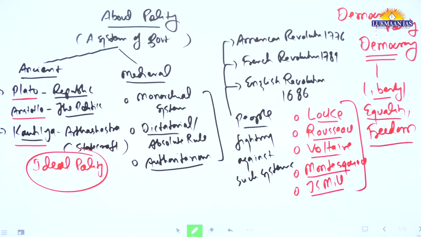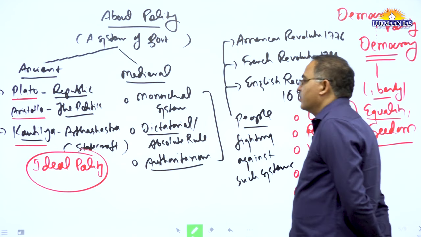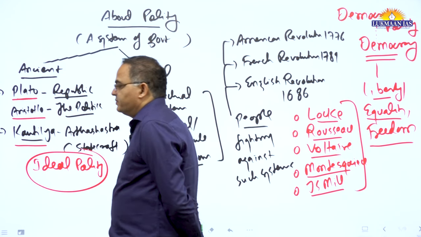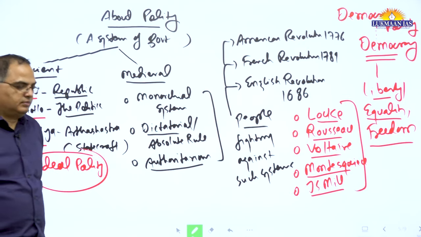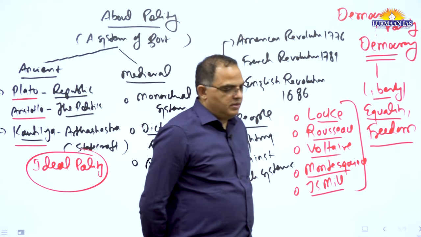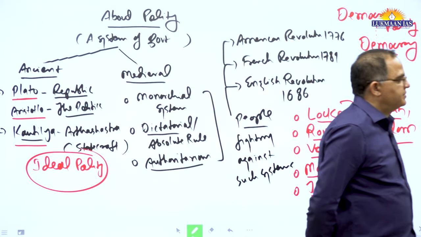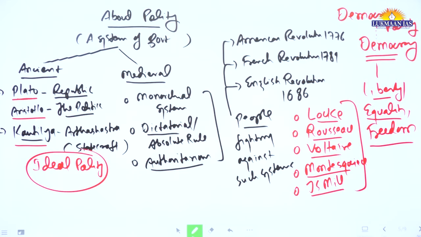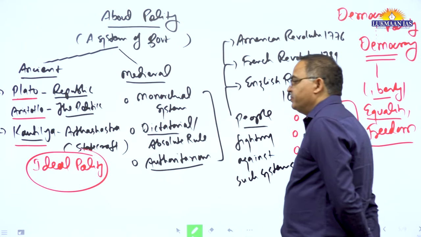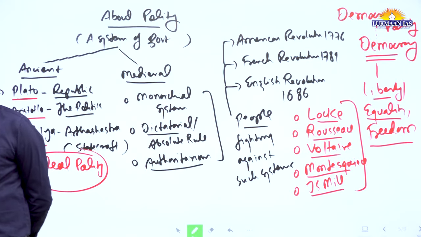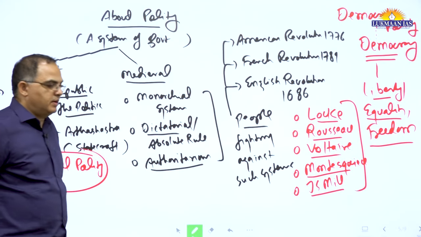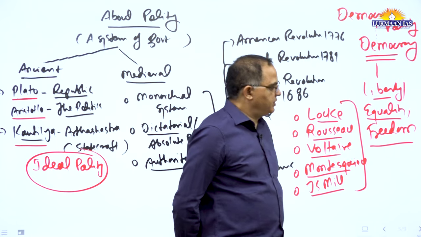Next, government should be responsible to people. Next, the objective of the state is to serve people, rather than serving itself.